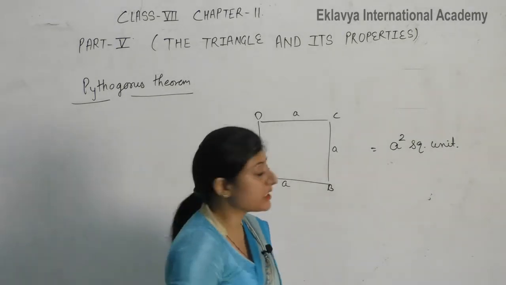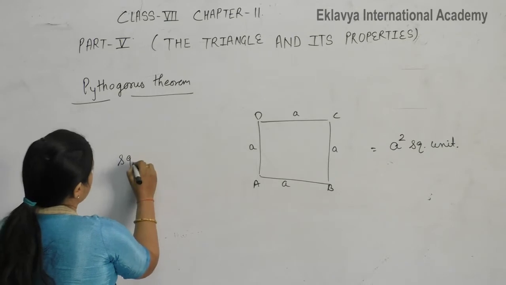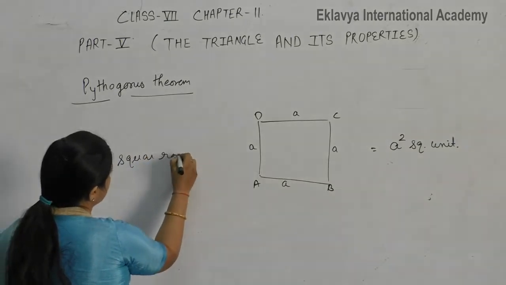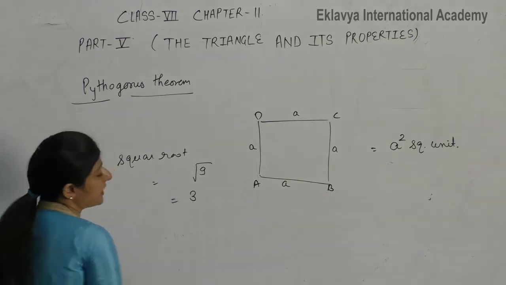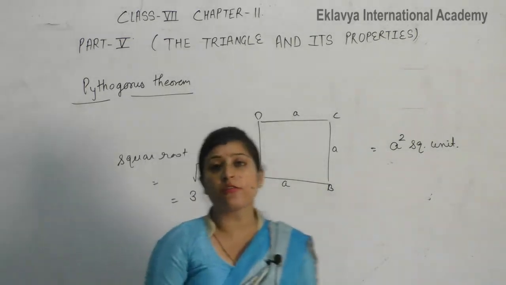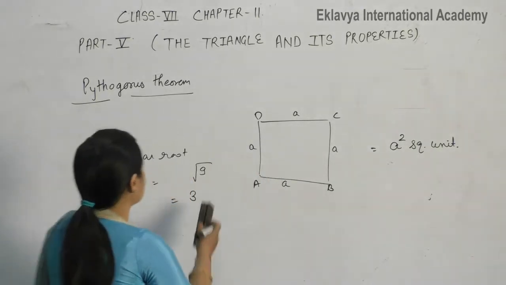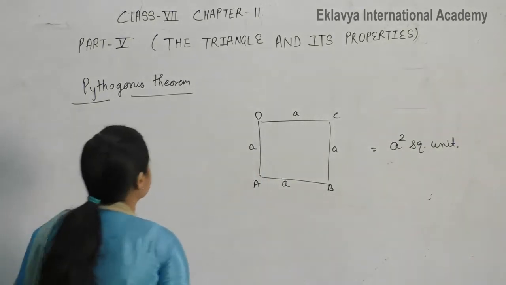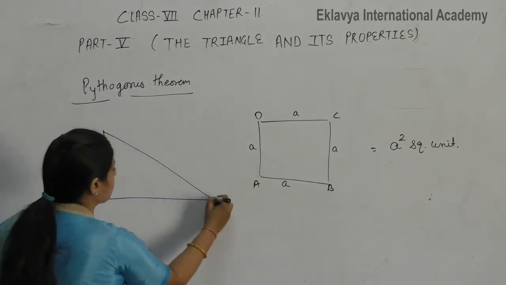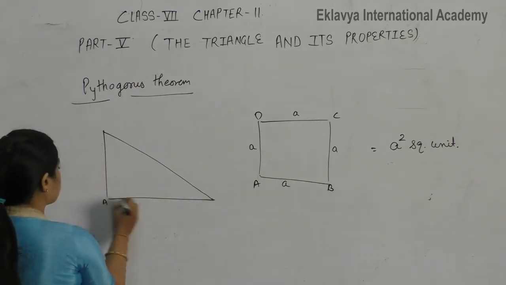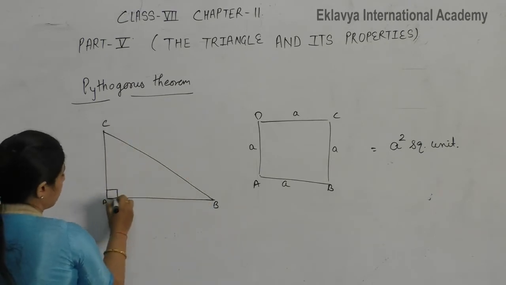Now, if we want to take a square root, what is the meaning of square root? Suppose 9, then the square root of 9 is equal to 3; 25, then the square root of 25 is equal to 5, like this. Third, a right angle triangle. Very important thing in this: ABC is a right angle triangle.